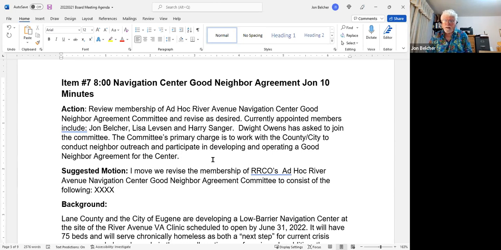And the purpose of that is to create a low barrier shelter, which by definition is going to serve people who may be either drug or alcohol dependent.